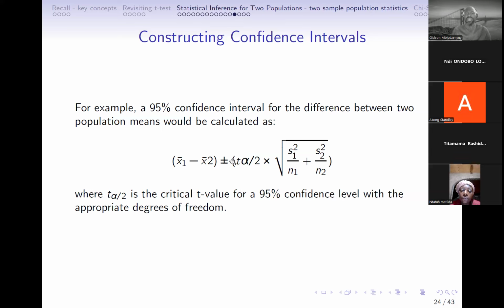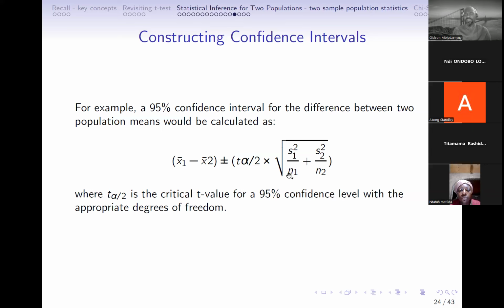And then we take the t statistic value that we're calculating, multiply by alpha divided by 2, and then we multiply by the standard error for the t statistic here, which is the factor that we're dividing by. Remember, we said that t was equal to the difference in population means divided by all of this factor here.